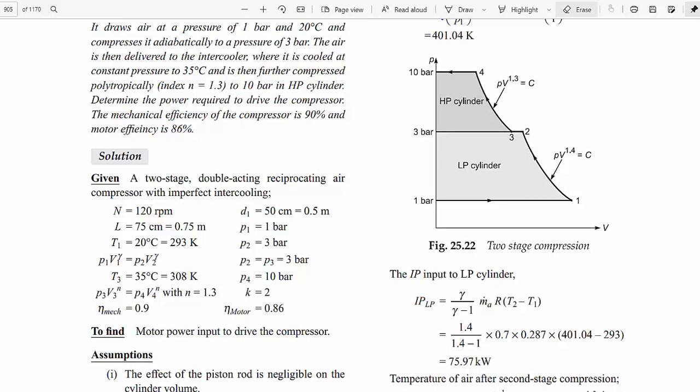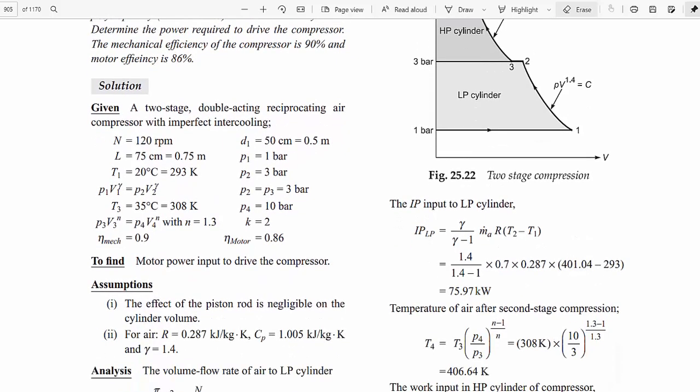So this is the work input formula for the without clearance concept. Substitute the values, ma is known, R known, T2 T1 known, and we get 75.97 kilowatts. Here substitute R in terms of kilojoule per kg Kelvin, therefore we get the answer in kilowatts.